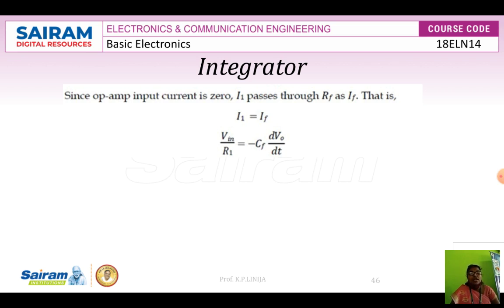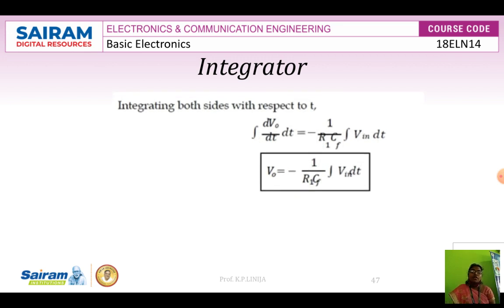Therefore, Vin by R1 is equal to minus CF into dV0 by dt. Now if you cross multiply and rearrange the above equation, dV0 divided by dt is equal to minus Vin divided by R1 into CF.